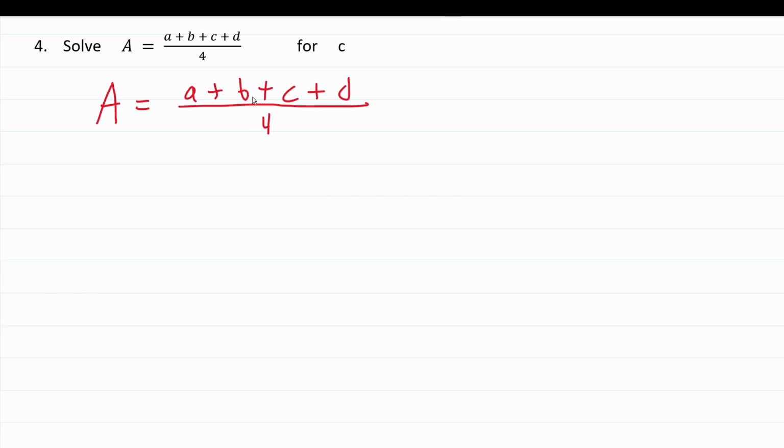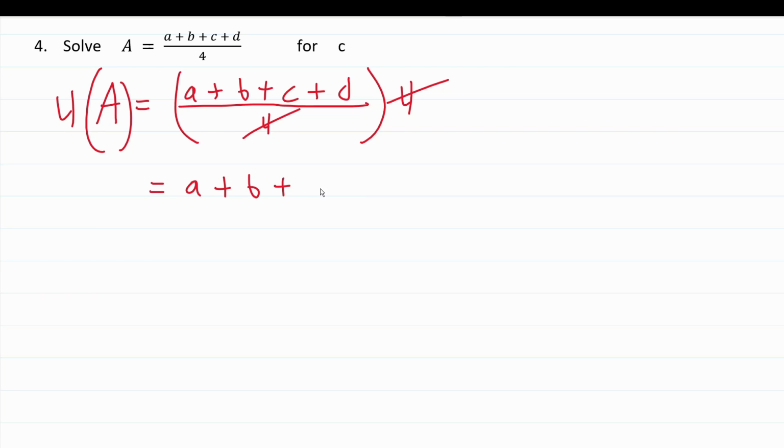This says a plus b plus c plus d over 4, or this says a plus b plus c plus d divided by 4. Again, we want to get rid of this 4 such that we can eventually solve for c. So I'm going to do the opposite of division here, and I'm going to multiply both sides by 4. This crosses out here, leaving you with just a plus b plus c plus d over here, and this is 4A over here.